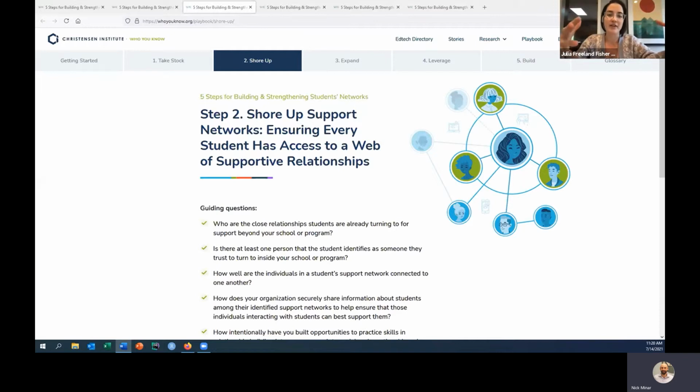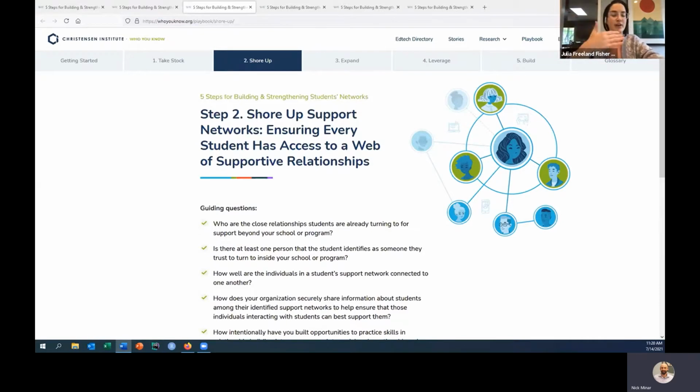The last piece I point out, and this didn't get as much attention as I wanted it to in this playbook because we were trying to cover so much ground, is that peers and near peers can be really powerful members of these webs of support. I think we often forget because we discount the expertise already contained in those peer and near peer networks. In fact, young people are more likely to see a near peer as a credible source of support and guidance than perhaps a formal staff member.